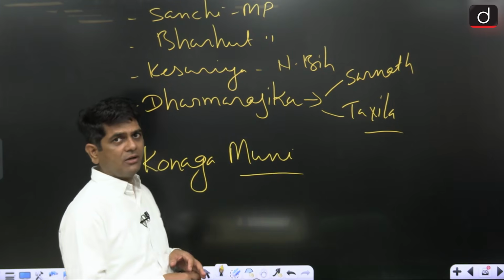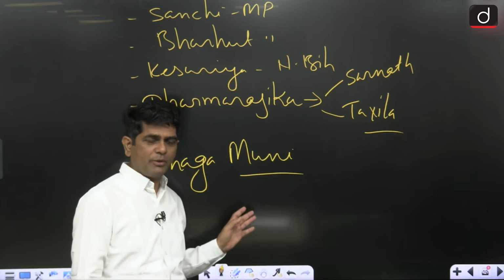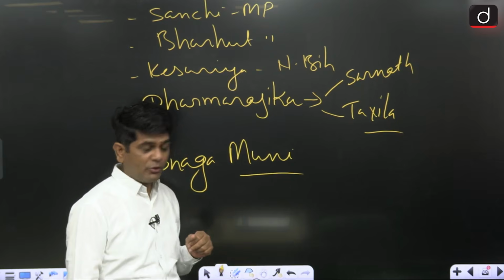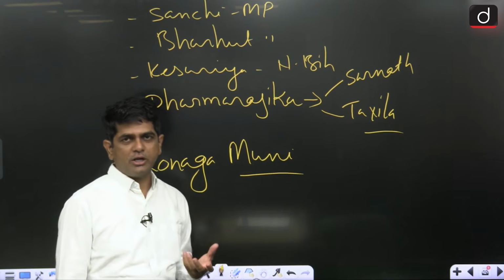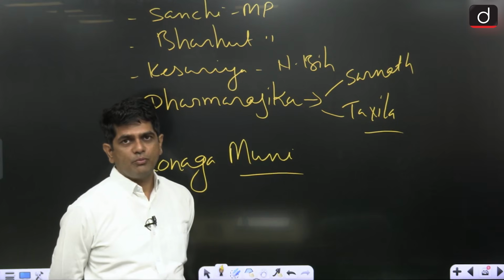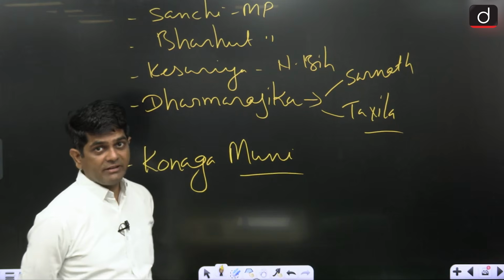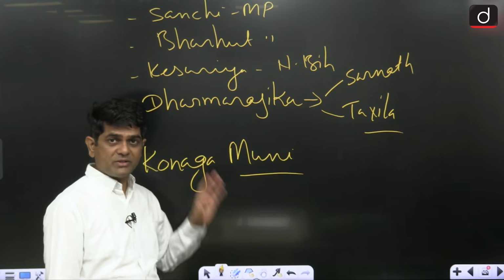So you may expect a question in your prelims examination from the topic Buddhism. Getting my point? Then the second important topic, Bhakti Sufi. Third, social and religious reform movement. And fourth, World Heritage Site. These are the very important topics that you must complete.